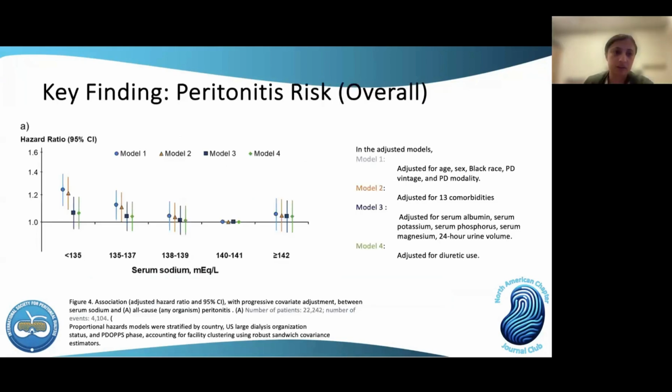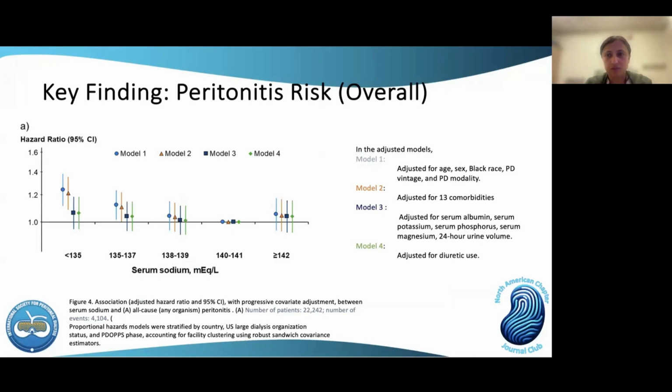Now coming to our key findings, the peritonitis risk. So this is a table showing the risk of peritonitis with the serum sodium values. And so the four bars on the y-axis are adjusted for multiple different things.